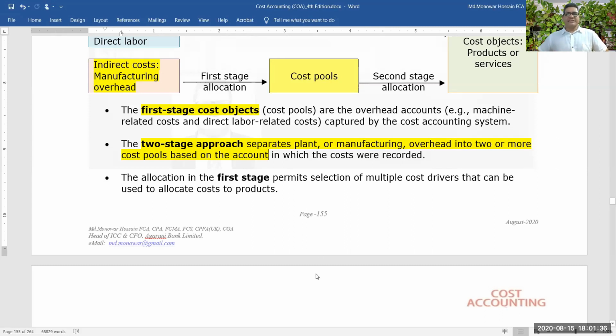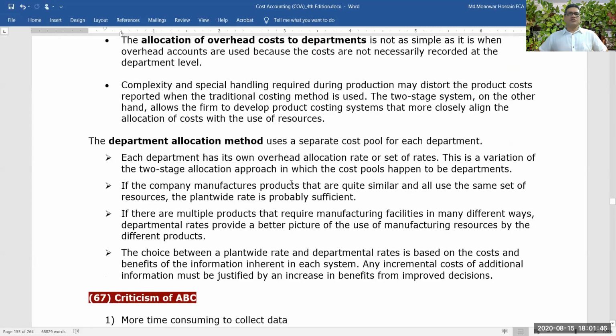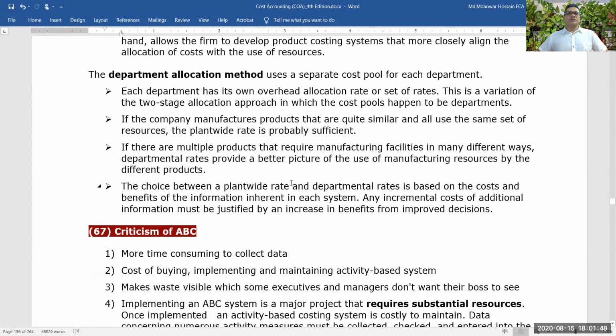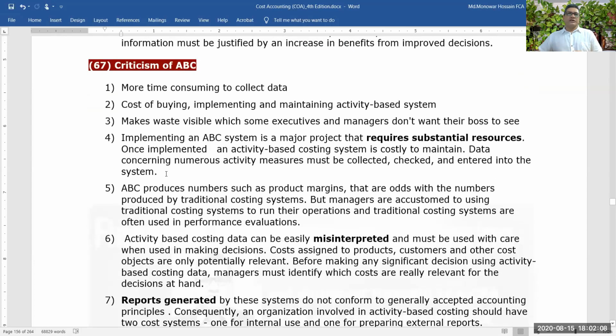The allocation in the first stage permits selection of multiple cost drivers that can be used to allocate cost to products. In a departmental allocation method, each department has its own overhead allocation rate or set of rates, and putting all those departmental rates together, we allocate to the product to determine the product cost.